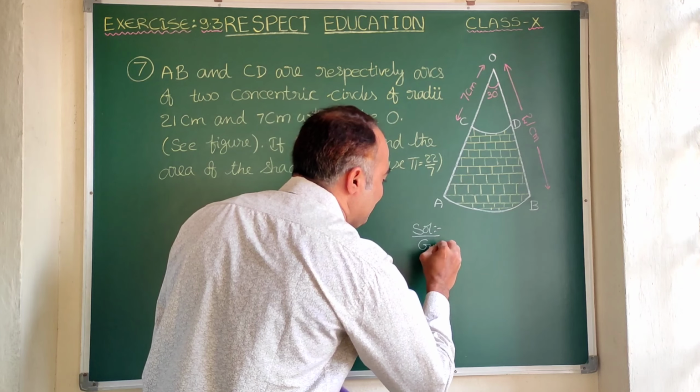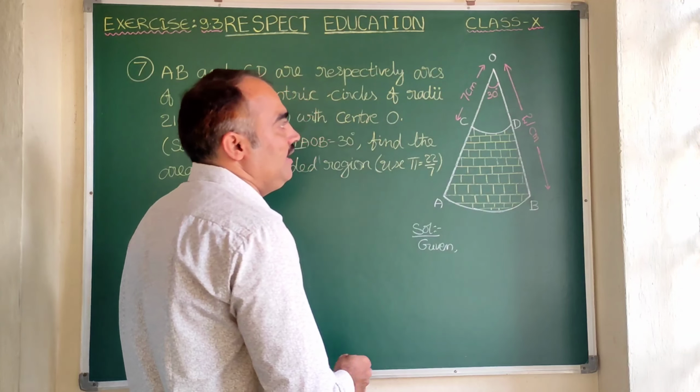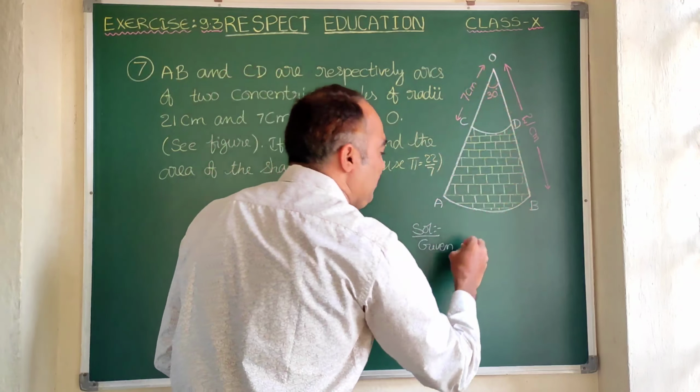Let us write the given first. Here OB, not AB, it is OB, is equal to 21 centimeter. OC or OD both are the same. OC is equal to 7 centimeter.